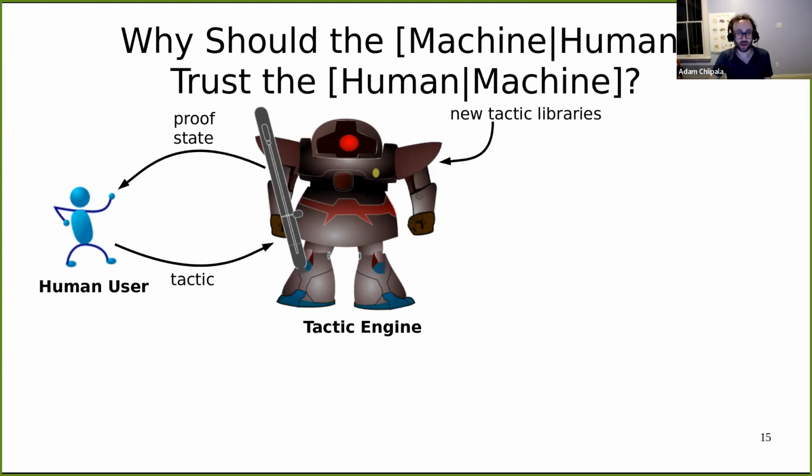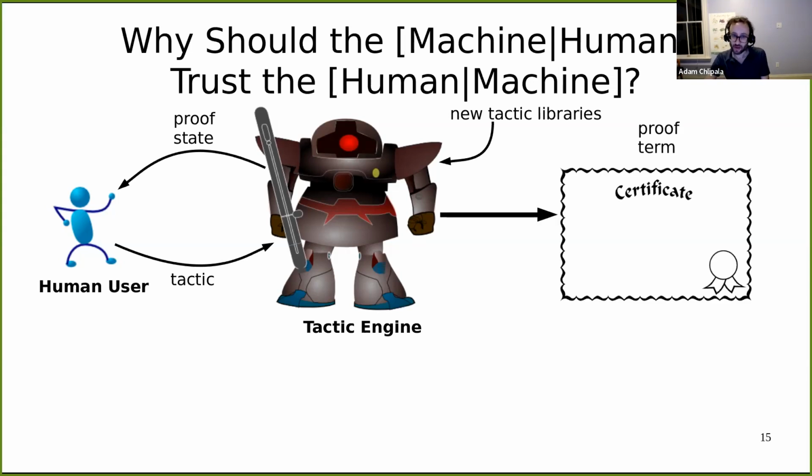An important part of this kind of architecture is that the tactic engine can be extended with new tactic libraries dealing with different mathematical theories, or maybe adding reasoning about the C programming language or other examples like that. But all of these libraries need to explain their sequences of logical deductions from first principles using a common language of proof terms. So no matter what complex interaction goes on between the human and the tactic engine, we get a proof term in a common format out in the end, which appeals to a relatively small set of axioms and inference rules.